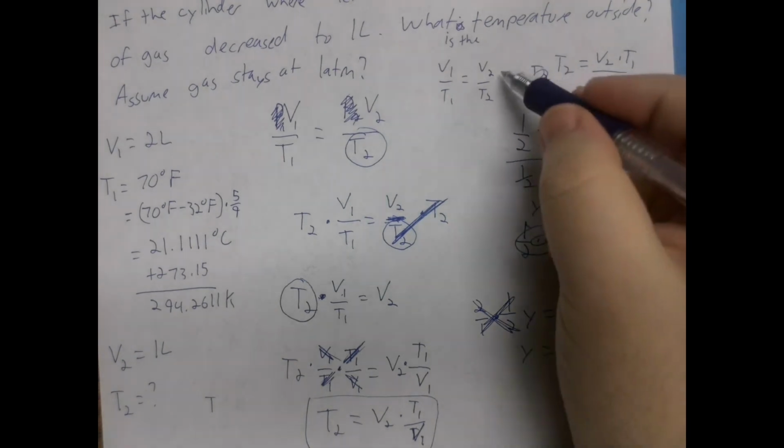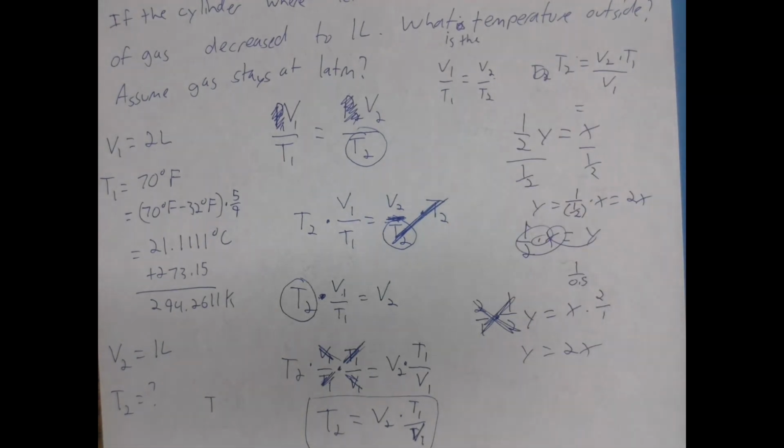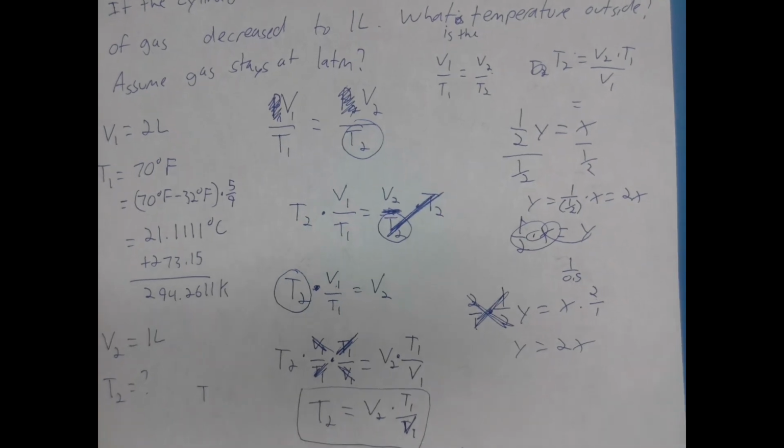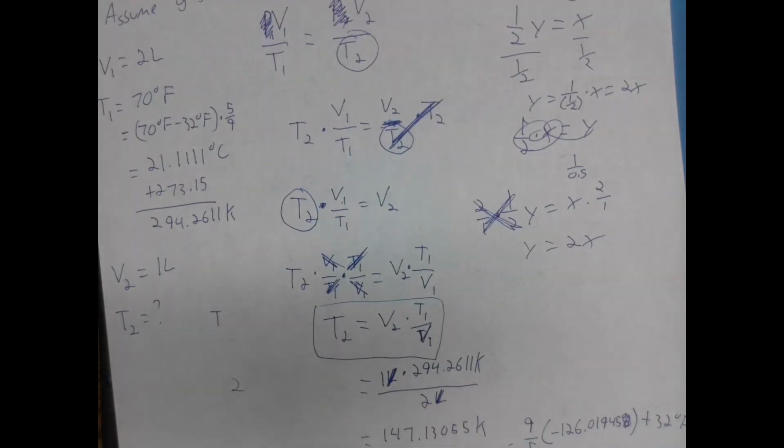I mean, if you can go from here to here by just looking at it, that's fine. This is how I do my algebra. How you do your algebra could be different. Again, this is not algebra class. I expect you to be able to do algebra on your own, however you were taught.